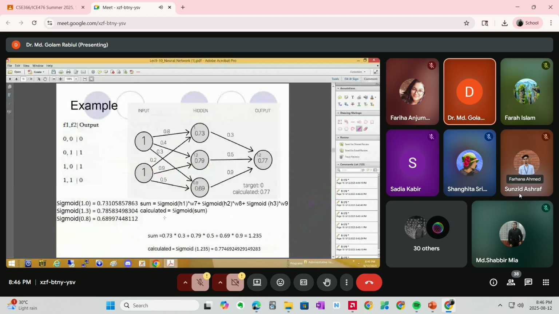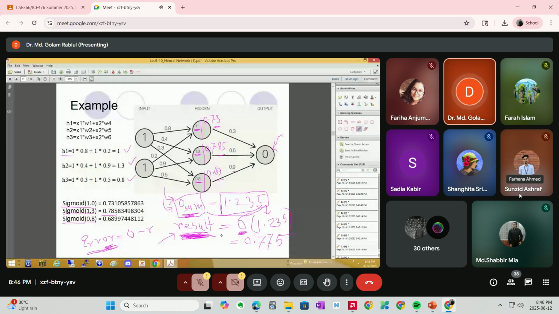It means that you can see we have already calculated the sigmoid of 1.235. It is 0.775. So if we want to find the derivative at 1.235, it will be the sigmoid of 1.235 times 1 minus the sigmoid of 1.235.